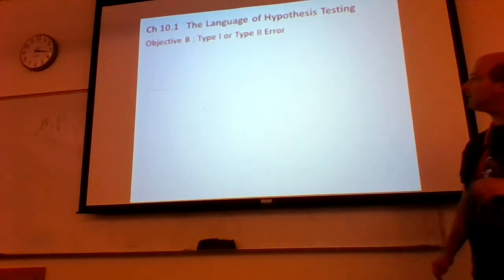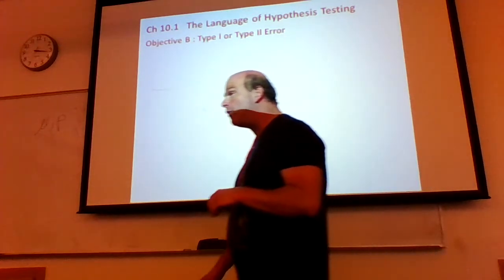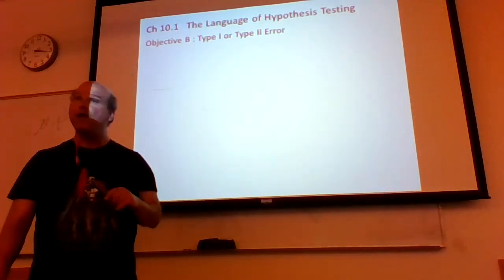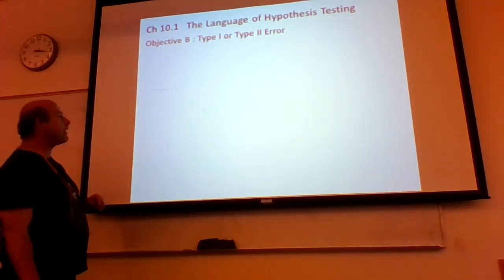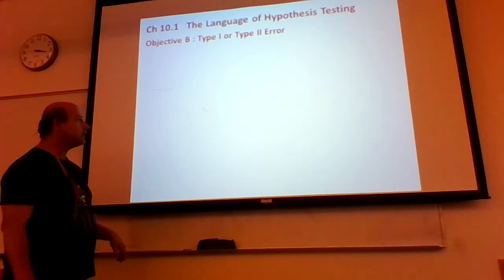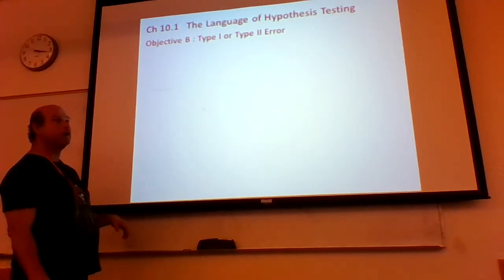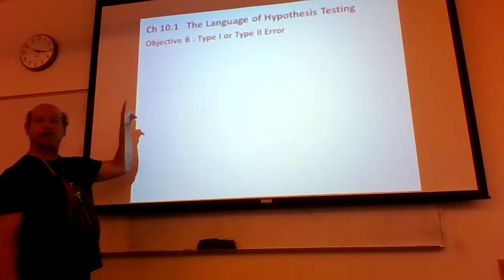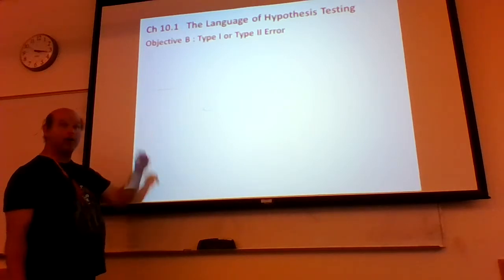You can also create errors, the type of errors that occur when you do something basically wrong. You can create what is called a type 1 or a type 2 error.